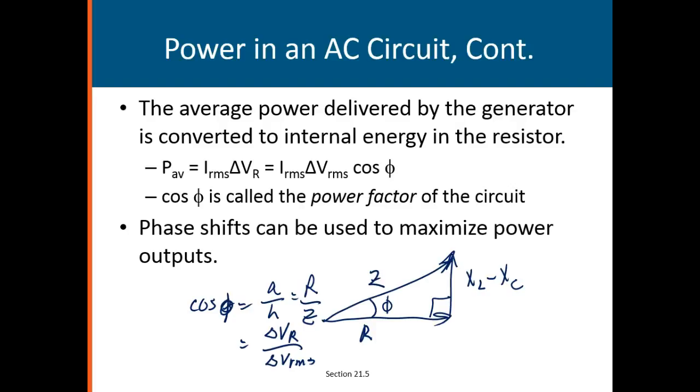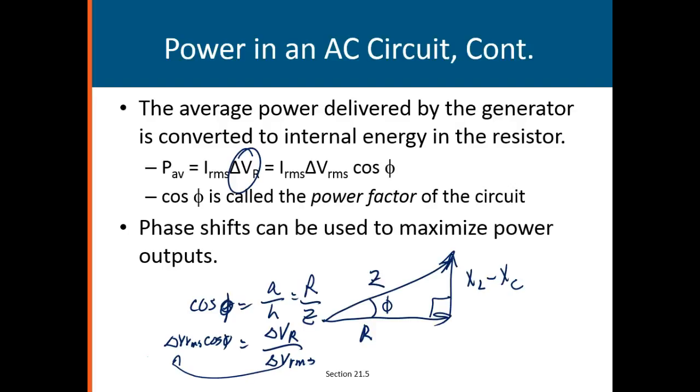So instead of this, you put delta V_RMS cosine phi. Just multiply both sides. That's how you get the formula for average power, where the quantity cosine phi is called the power factor. The smaller phi is, the larger the power factor, and the larger phi is, the smaller the power factor, because cosine starts at 1 and goes to 0.